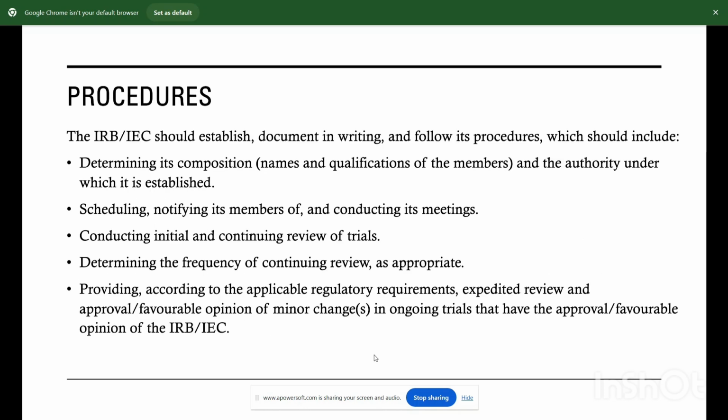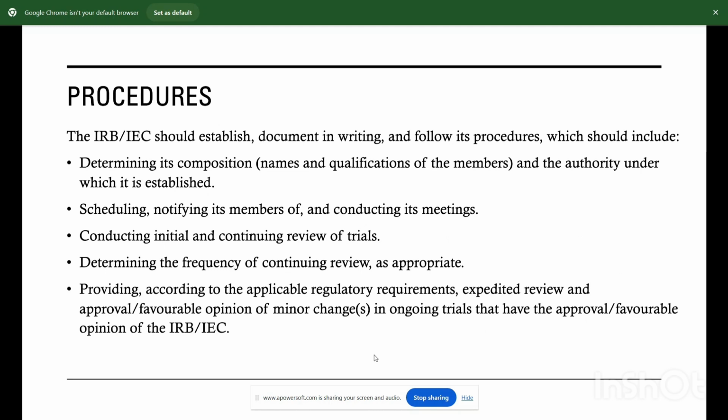Then what are the procedures which the EC has to follow? They have to determine the composition of the EC, like the names and qualifications of the EC members, and keep it, and also keep the authority under which the EC is established.